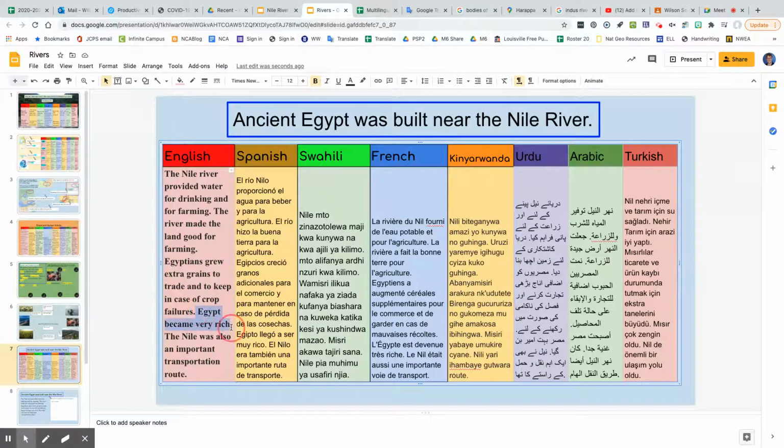Egypt became very rich. The Nile was also an important transportation route. Now you can read it here in your language, and if you need help, ask someone at home to help you read it in your language.